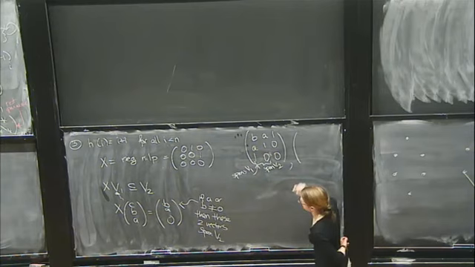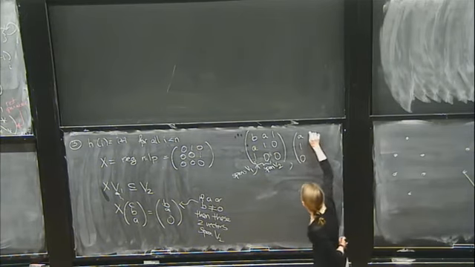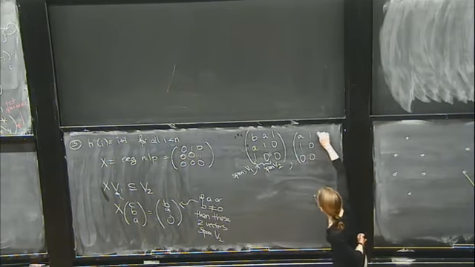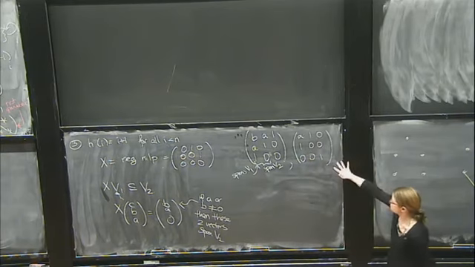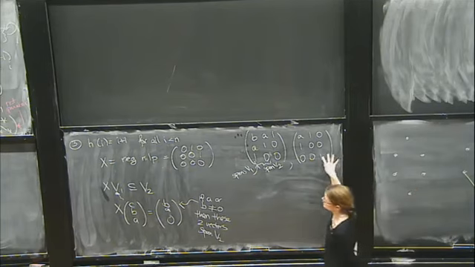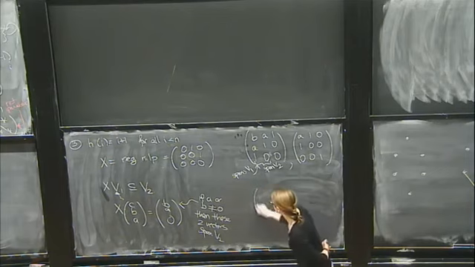On the other hand, I could have picked A to be 0, in which case I have something like this. And if I'm just looking at three-dimensional flags, then I really only have one choice to fill it out. If A and B are both equal to 0, then C has to be non-zero.